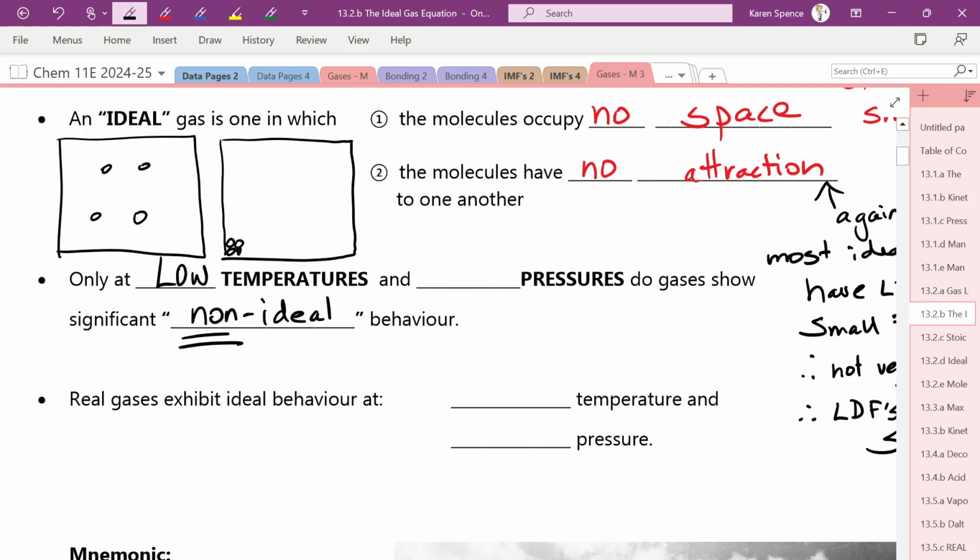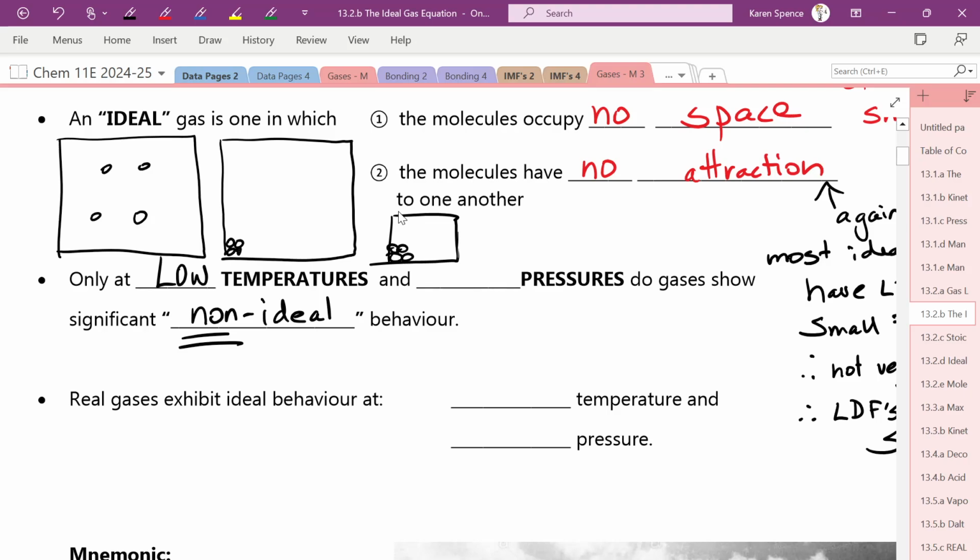But at a smaller volume, you can see now they take up more of a percentage of the space. It means they're just going to be closer to each other, so they're going to have more intermolecular forces, okay?